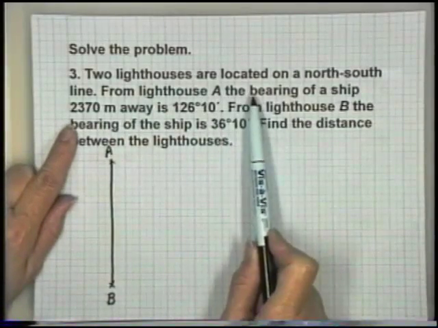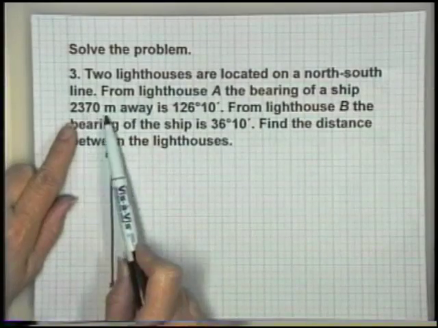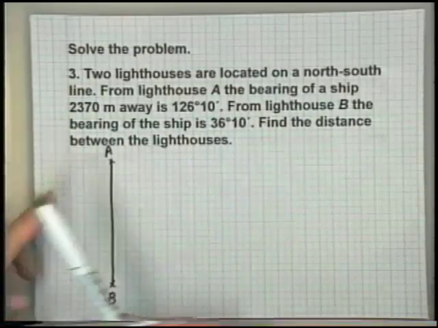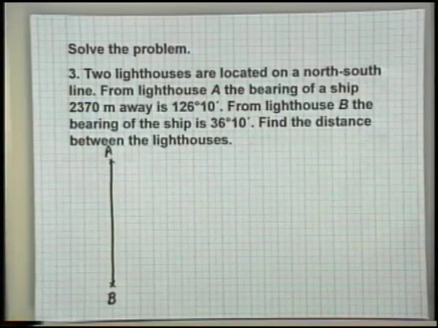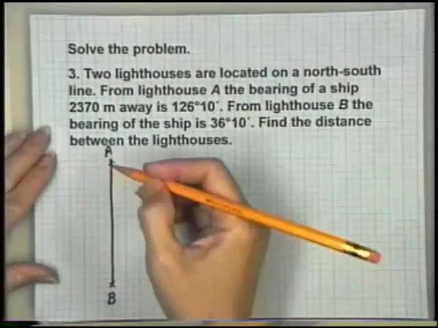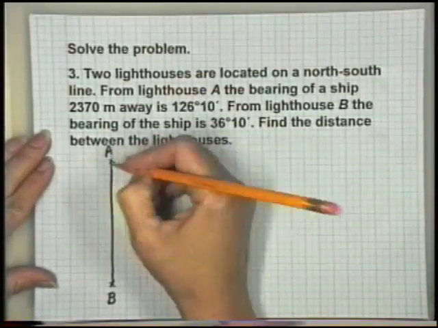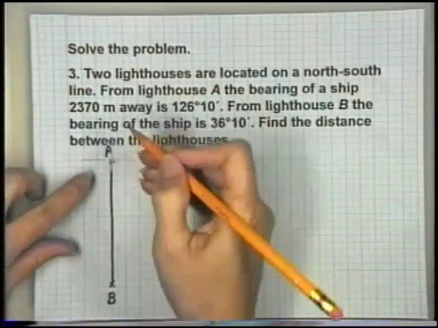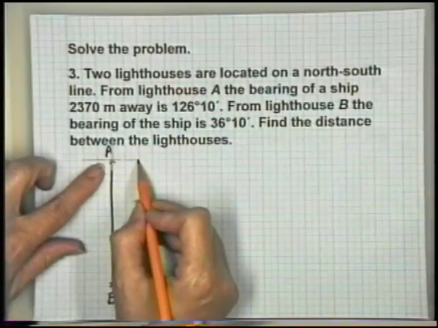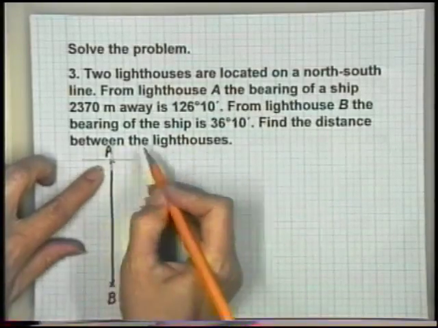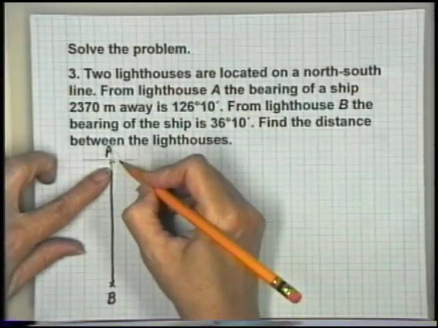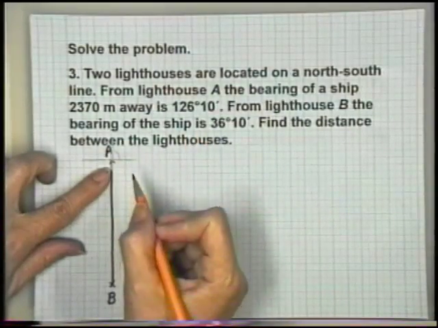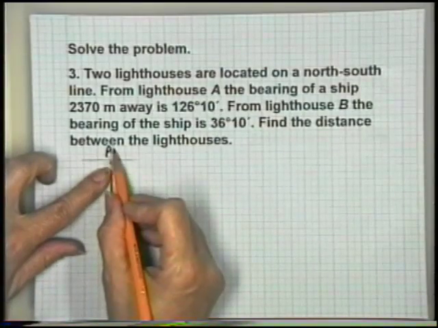It says from lighthouse A, the bearing of a ship is 126 degrees 10 minutes. To get that bearing, what I really need is the north, but I make my rectangular coordinate system when I'm sketching them because that helps me. I know from there to there is 90, and 126 is just about 36 more degrees.